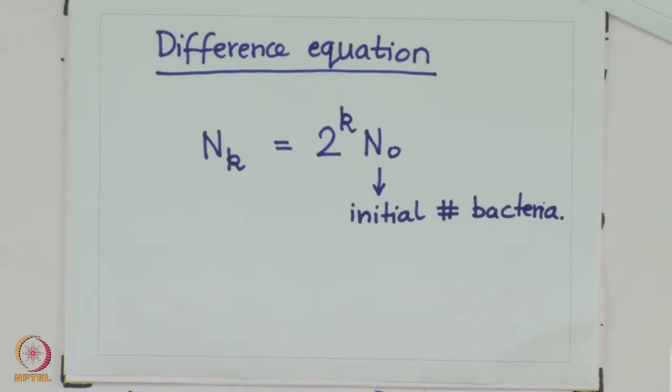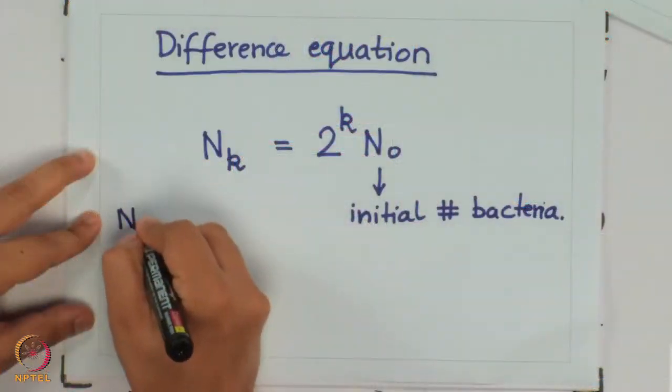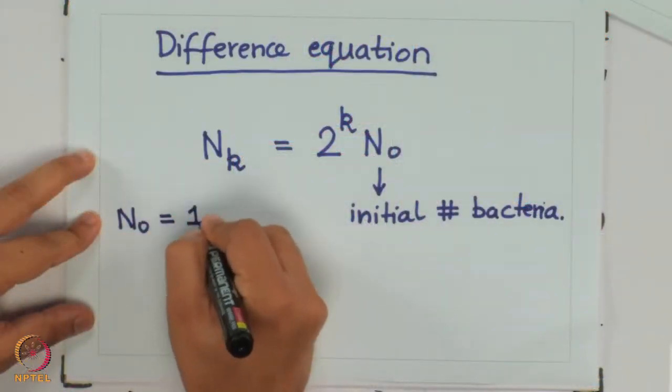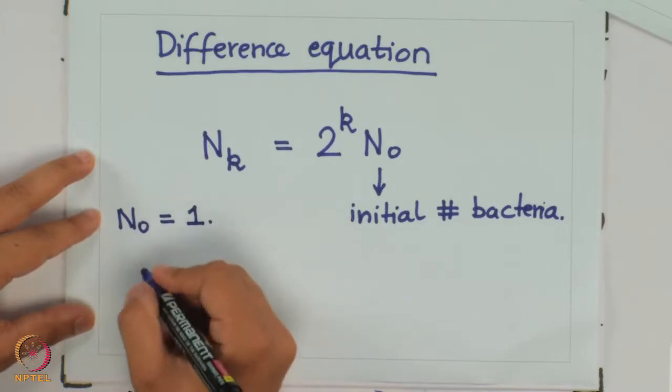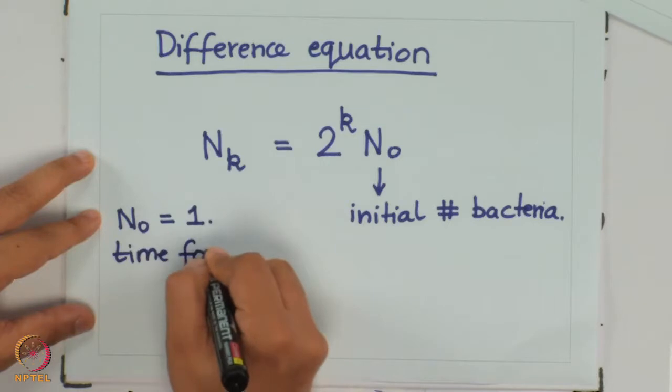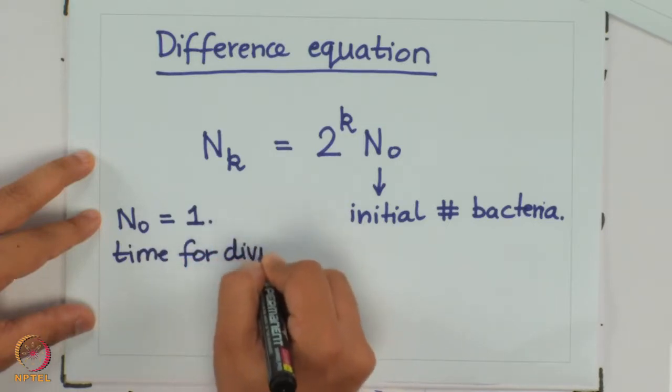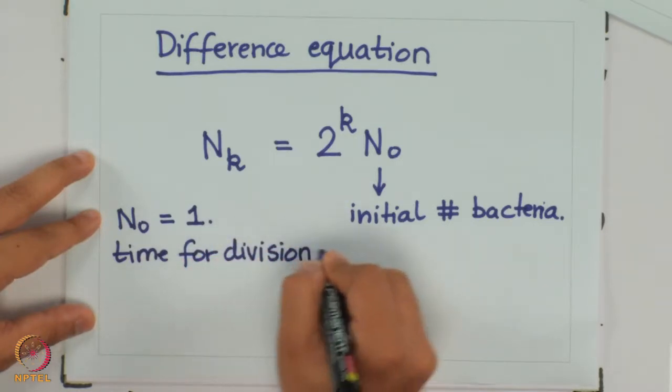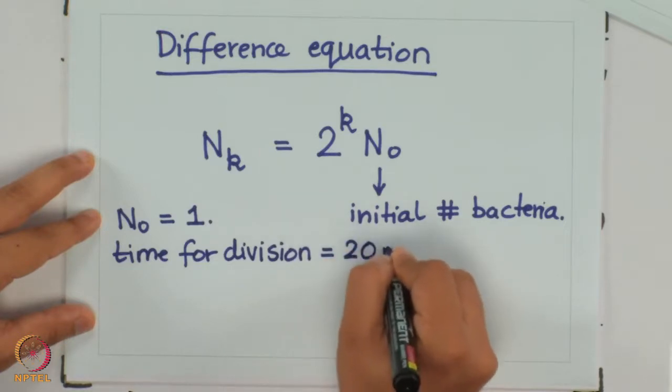Let's try and do an example and calculate how many bacteria we are going to end up with, starting with just one bacterium, and if we allow for unconstrained growth for a time period of, let's say, 3 days. So we are given that n naught is equal to 1 and time for division is equal to 20 minutes.